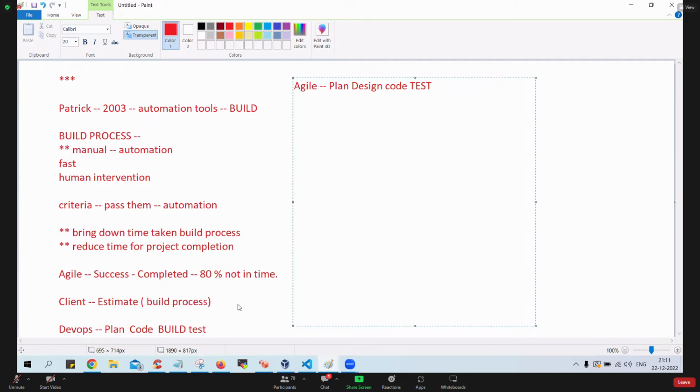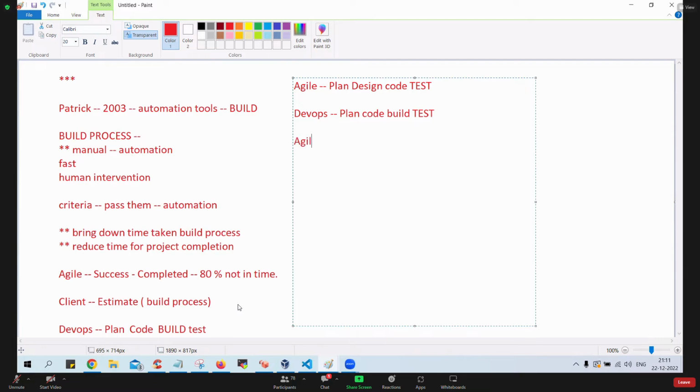So in Agile, there is a test phase, and in DevOps also there is a test phase. When you write the DevOps phases, we write plan, we write code, we understood why they brought up build, and after the build, it is test. No big difference, but when you sit down and understand the dynamics of IT, these are the differences.